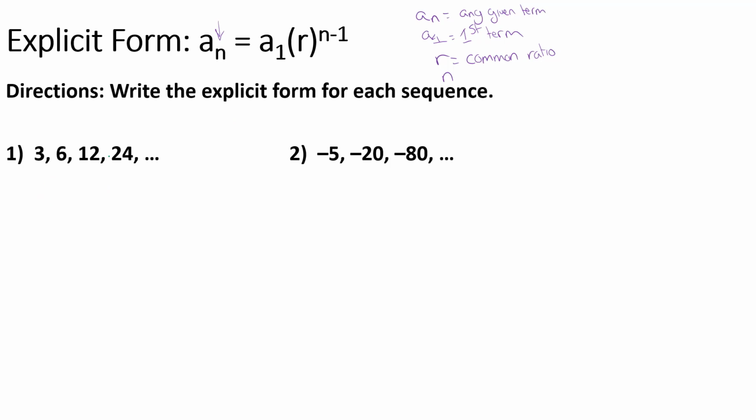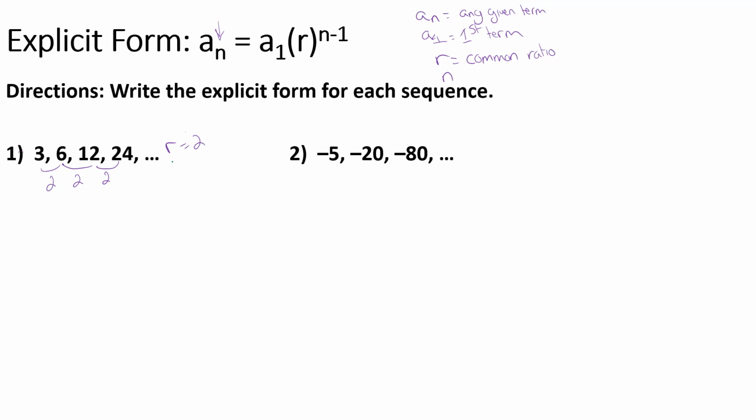All right. So let's look. We have 3, 6, 12, 24. Again, I like to work backwards to find the common ratio. 24 divided by 2 is 12. 12 divided by 6 is 2. 6 divided by 3 is 2. So we have a common ratio of 2.